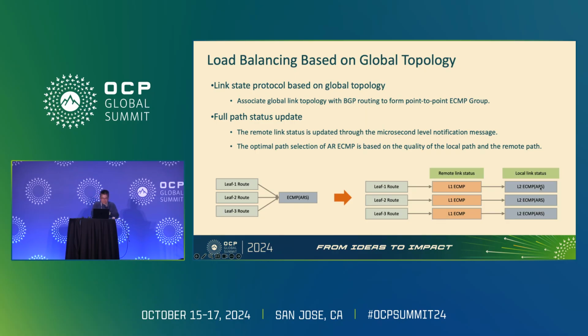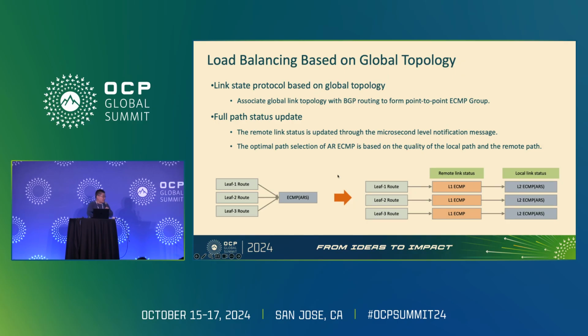Another point I want to make is that here we base our discussion on the notion of downstream path. It would be desirable to create one ARS-enabled ECMP group for each path.